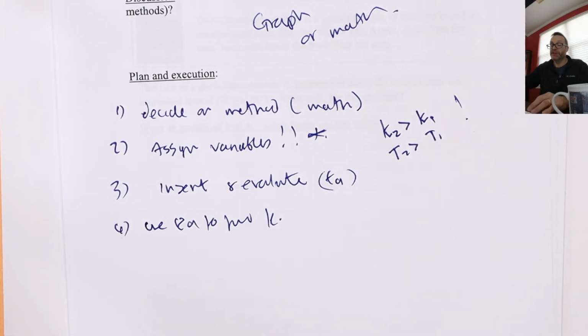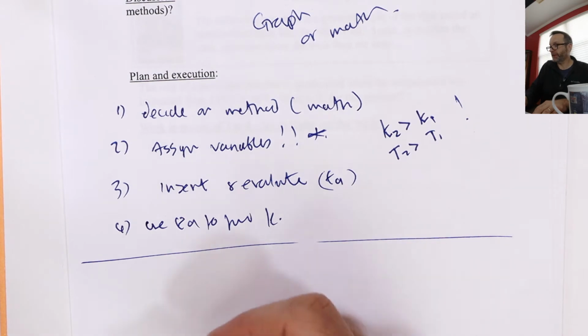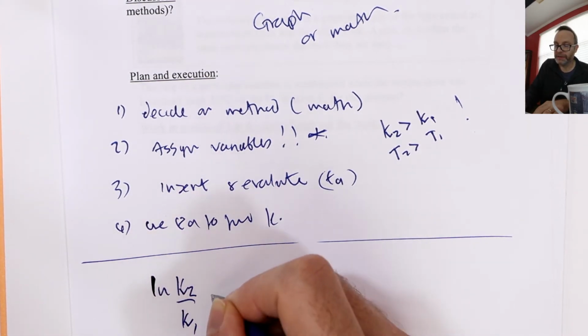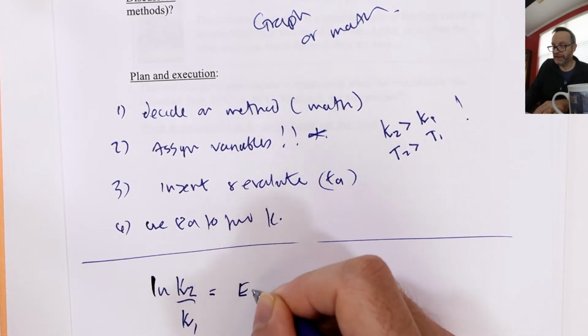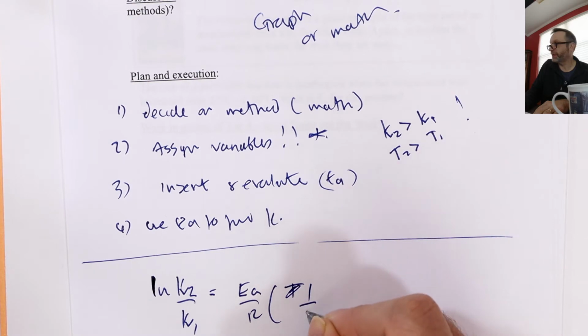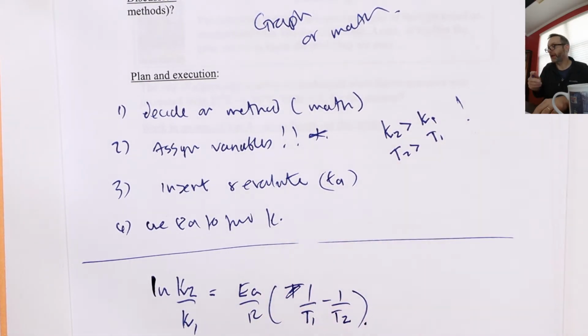Okay, so let's think about it. Write the equation: ln K2 over K1 equals EA, now it's positive EA over R, switch the order, 1 over T1 minus 1 over T2, right?